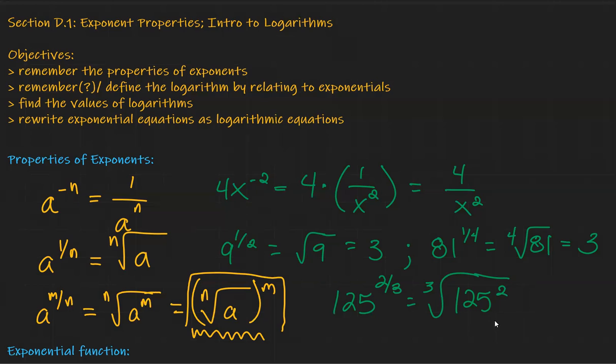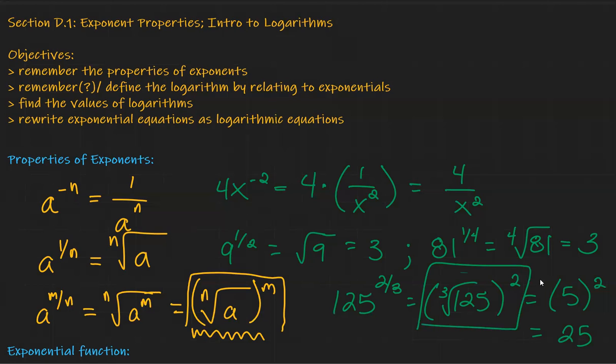When you square it, it becomes an even bigger number. So then you have to get a huge number here and then find the cube root. Or it'll be a little bit easier to find the cube root first of 125 and then square. Okay, what's the cube root of 125? That's 5. And then 5 squared, that's easy, 25. All right, so now you kind of see why this kind of layout is a little bit easier.